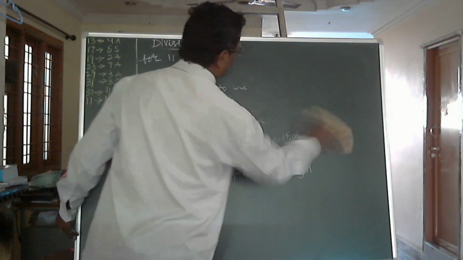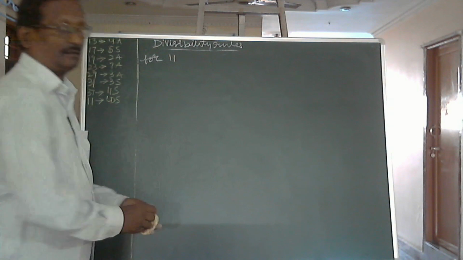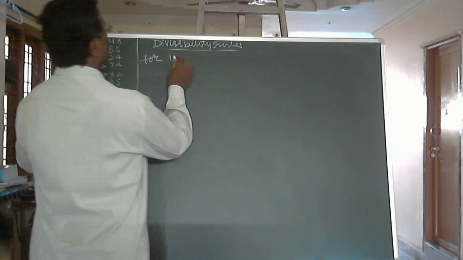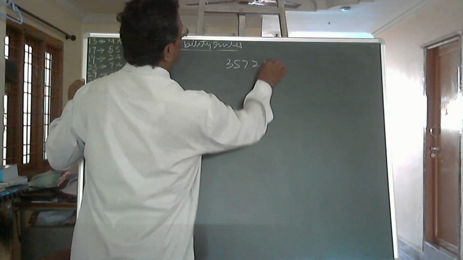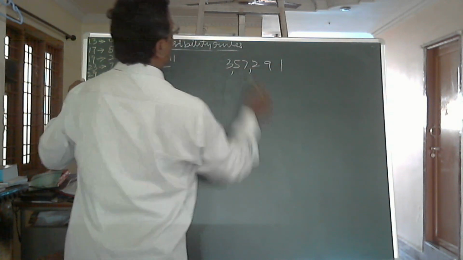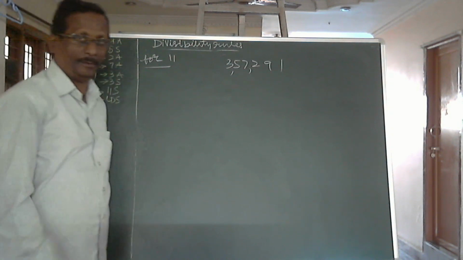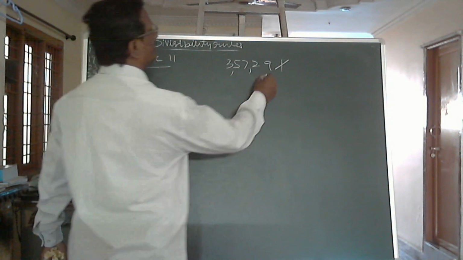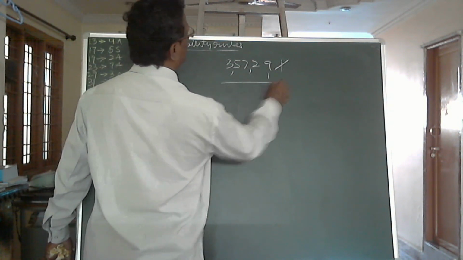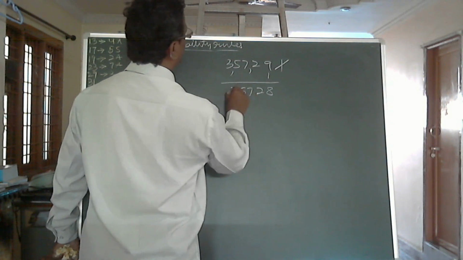Any number, whether it is divisible by 11 or not. To check for 11, take 357,291. To check whether it is divisible by 11 or not, cut this last digit, subtract from here. 9 minus 1, 8. 2, 7, 5, 3.